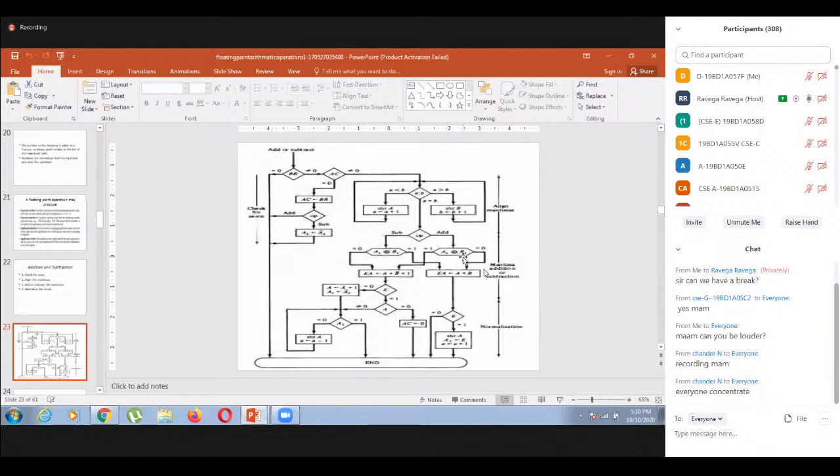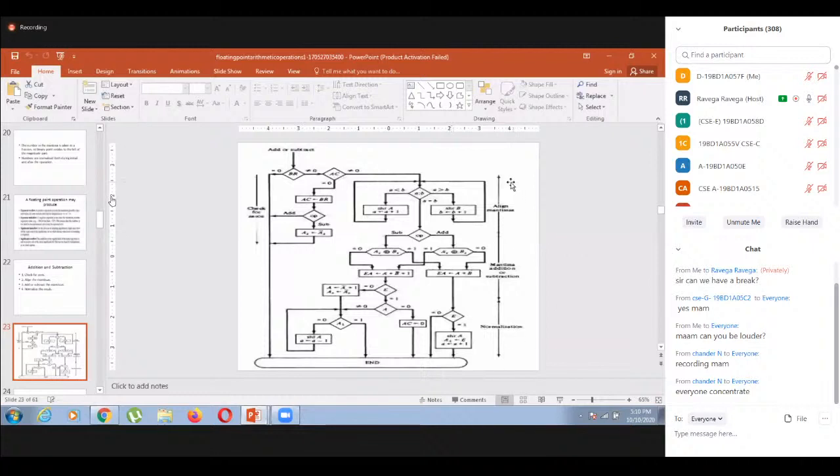After performing the operations, you again check the exponent values, whether they are similar or not. If the exponent values are similar, that is 0, then the result is the added value. If the exponent value is different, you again need to normalize the resultant number.